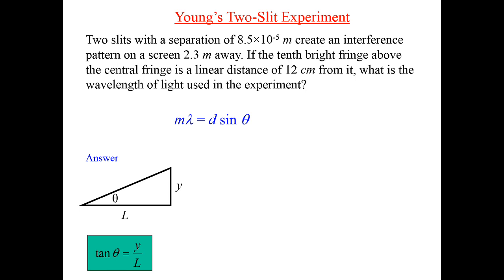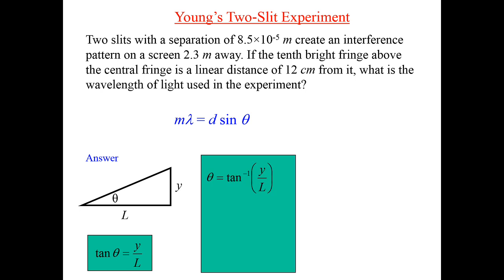We've drawn our right triangle here, where the hypotenuse is the path length, the distance to the screen is the adjacent side, and the distance from the center to the fringe is the opposite. So the tangent of theta is equal to the distance to the fringe divided by the distance to the screen.